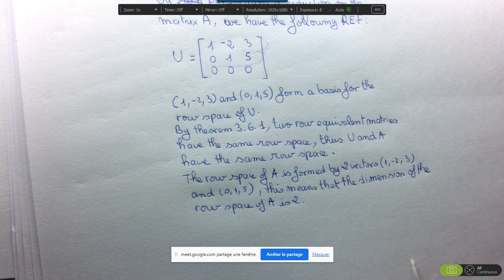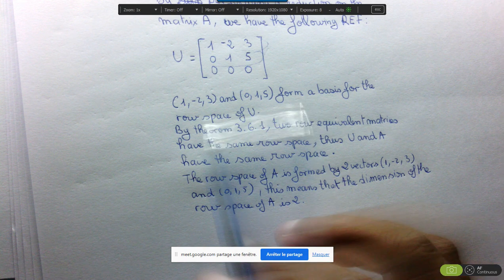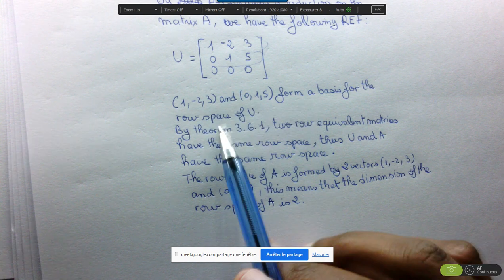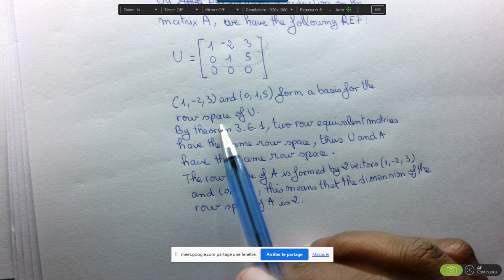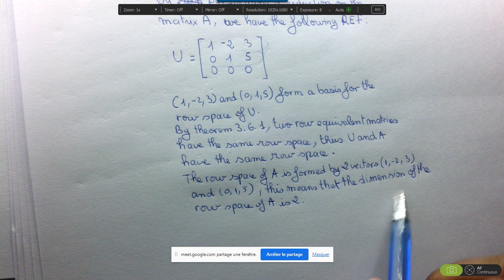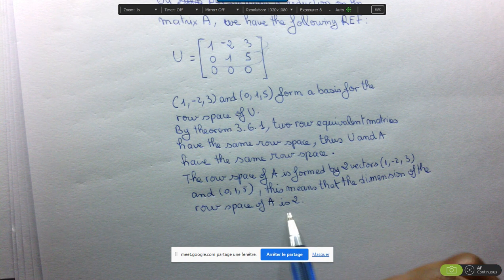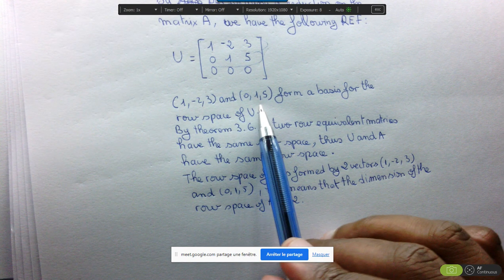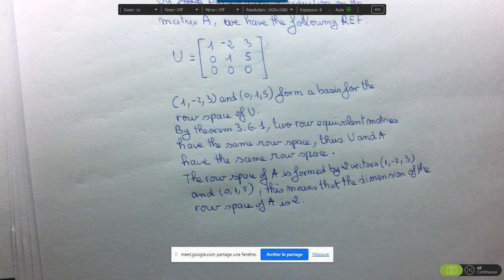The dimension is the number of vectors in your basis. Here these two vectors form the basis for the row space, so the dimension of that row space is 2. Now we said that the rank is equal to the dimension of the row space.